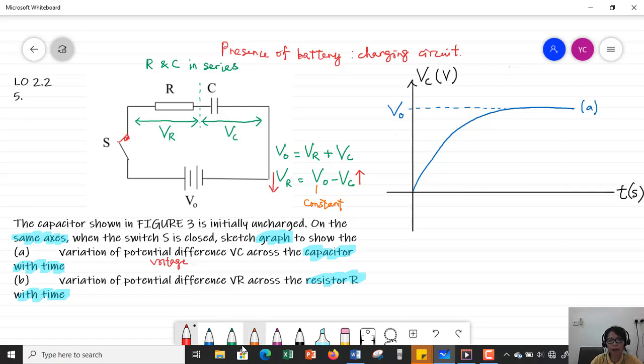So I'll get this type of graph for the voltage across the resistor. The voltage across the resistor during the charging process will decrease exponentially with time. So this is our answer for question B. So during the charging process, voltage across the capacitor increases exponentially with time, but the voltage across the resistor will decrease exponentially with time.